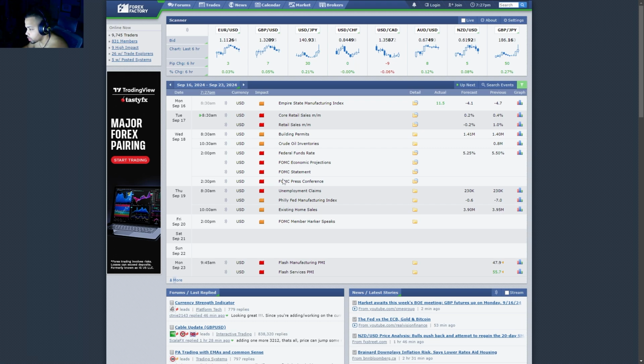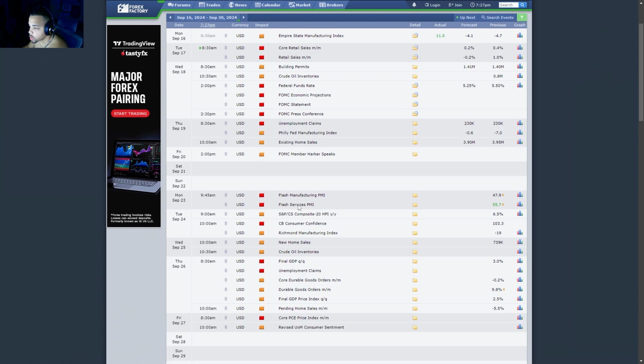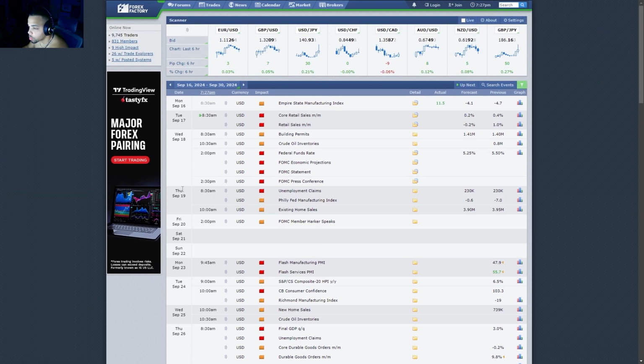Doesn't mean that I'm going to trade right after FOMC, but I'd rather just have Thursday and Friday as the days that I want to trade. And next week we have PMI. So I think it would make sense for us to run liquidity during Thursday and Friday, and actually have some really great setups during Thursday and Friday.